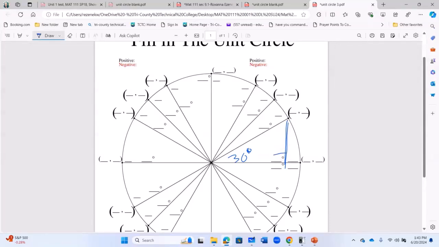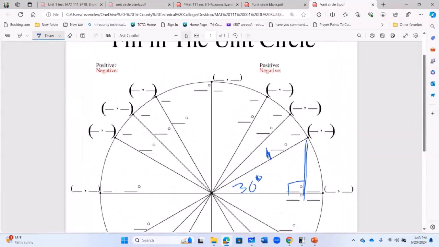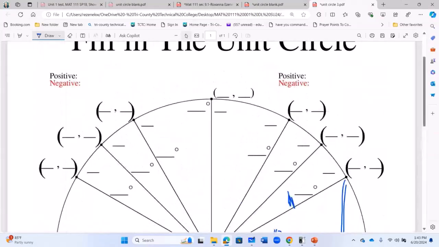I hope you remember. And it's a unit circle, so the radius is 1. And if the radius is 1, remember we already know the special right triangle. Let me make it bigger.